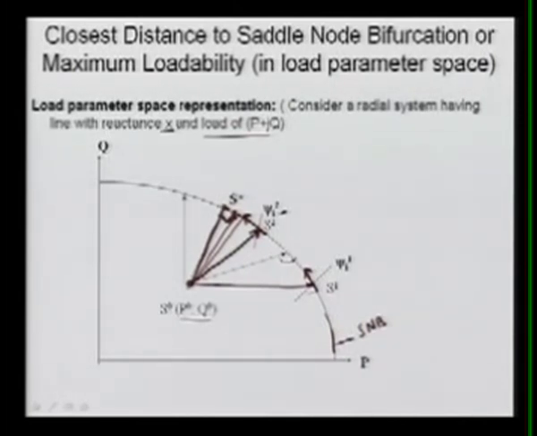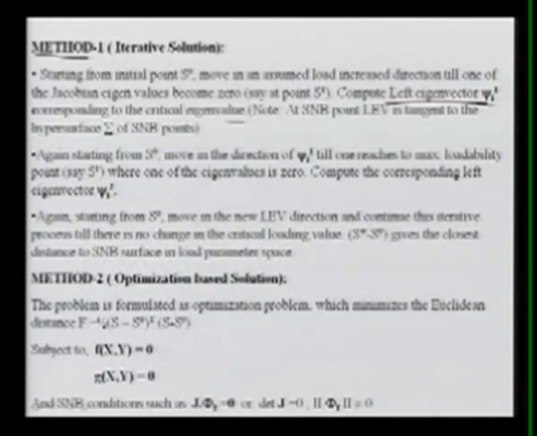At S star there will be no further change, means no change in the critical loading values, and this S star minus S naught gives the closest distance to the saddle node bifurcation surface in the load parameter space.